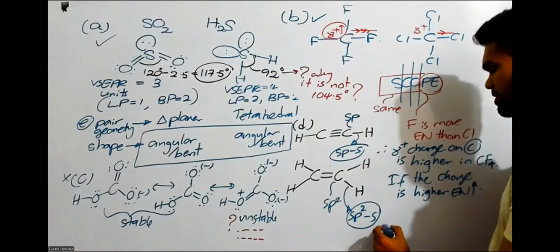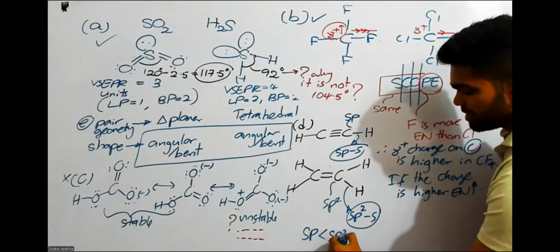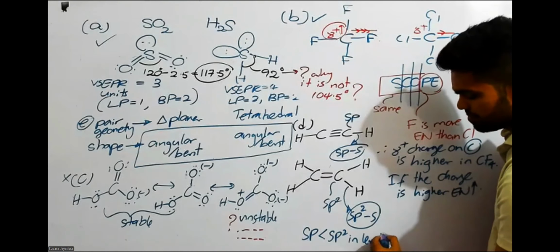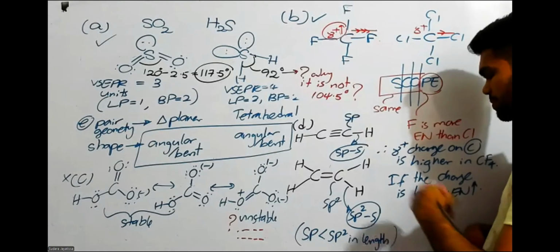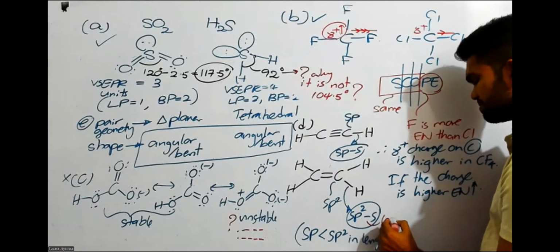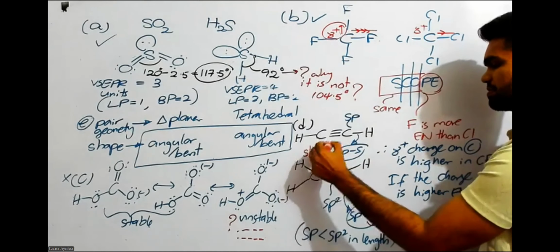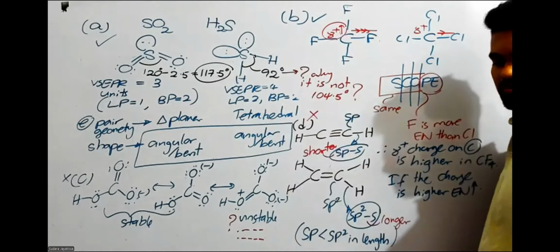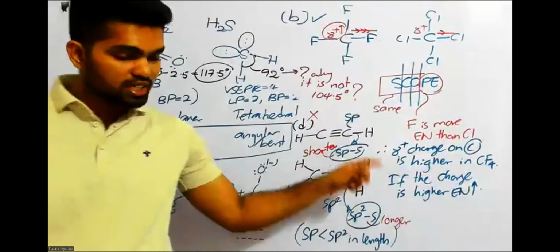Understood? So you know that sp orbitals are shorter than sp2 orbitals in length. Therefore, this sp2-s bond is longer. This one is shorter. So this statement is wrong. Understand? The statement is telling that this bond is longer.